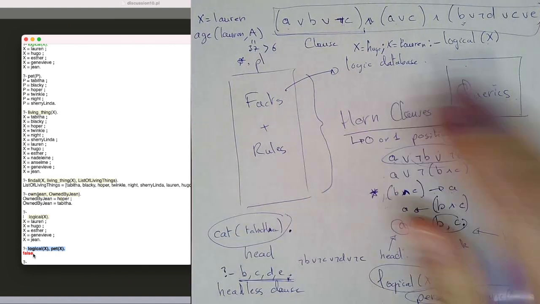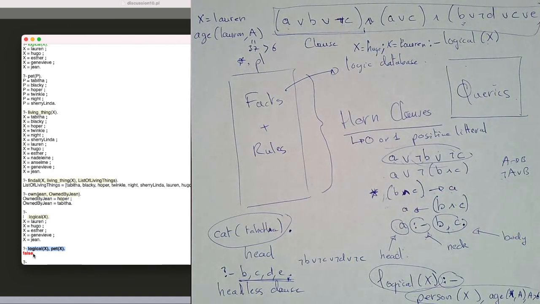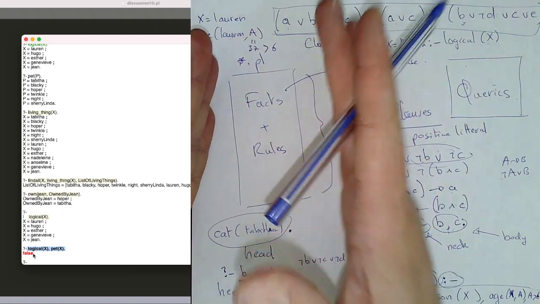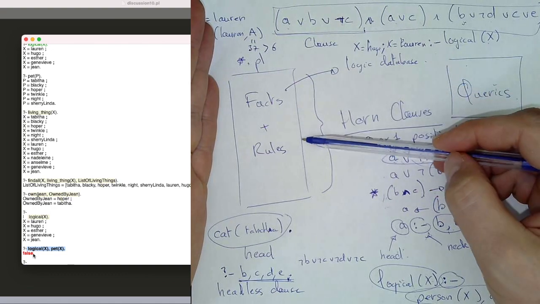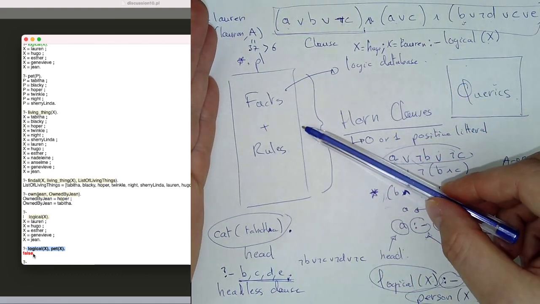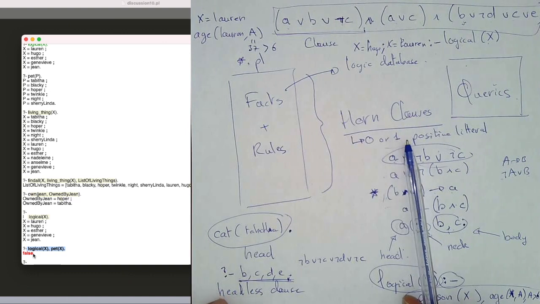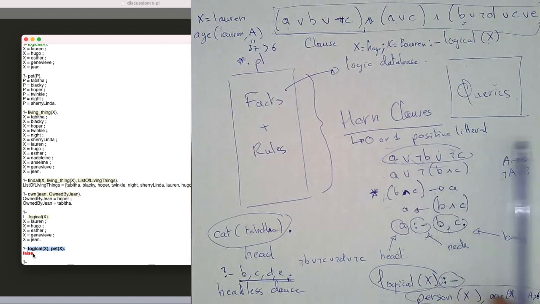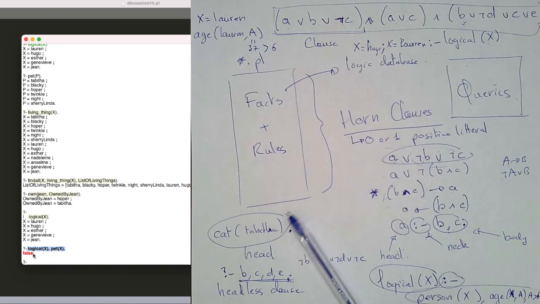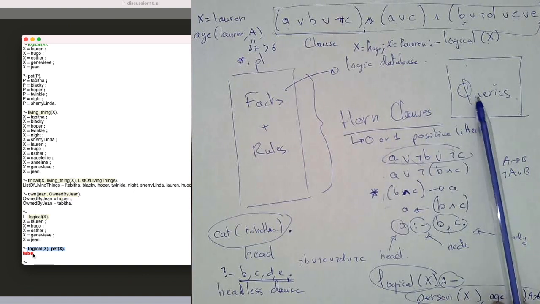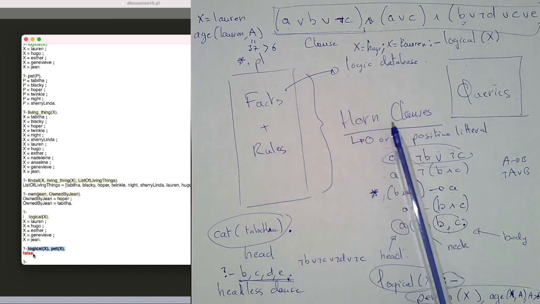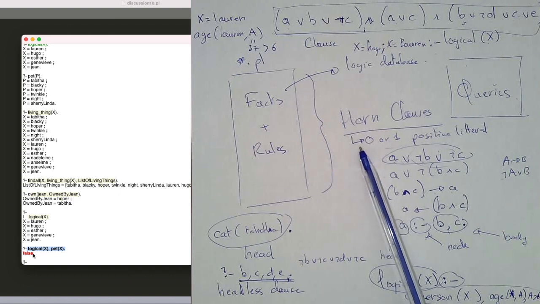Okay, so that was my little overview. I really wanted you to get a sense of what a Prolog program is, to see it as a logic database with facts and rules. See how facts and rules have this in common, that they all have one positive literal and as many negative literals as you want, and that the queries complete the set of Horn clauses, as Horn clauses with zero positive literals, so headless clauses.